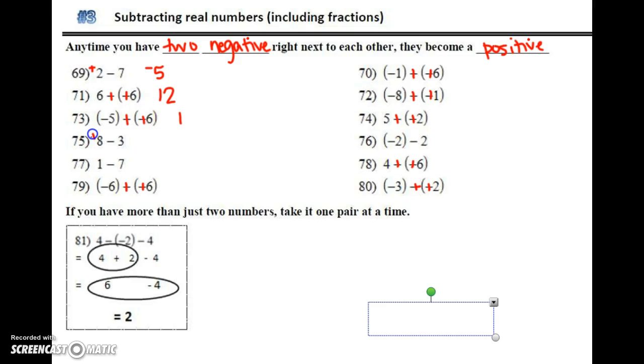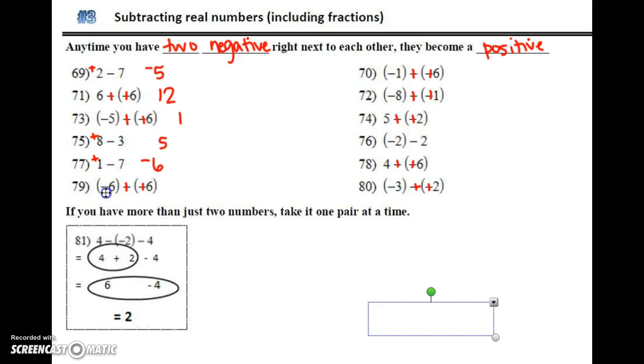Next, positive 8 and negative 3, different signs. Subtract 8 and 3, the difference between the two is 5, and the bigger sign is 8, and it's positive, so it's positive 5. Next one, again, positive 1 and 7, different. Subtract the 1 from 7 is 6, keep the bigger sign, and that 7 is the bigger, so it's a negative 6. The last one here is negative 6 and 6, they're different.